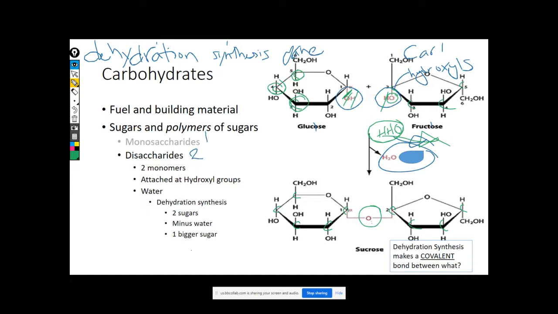So these bonds that we've been doing, these handholds, are carbon to oxygen to carbon. This was a carbon to a hydroxyl.